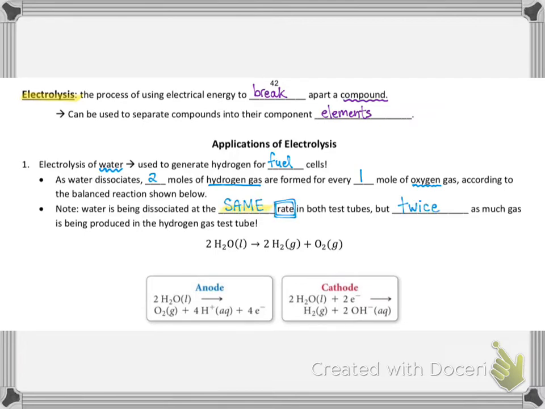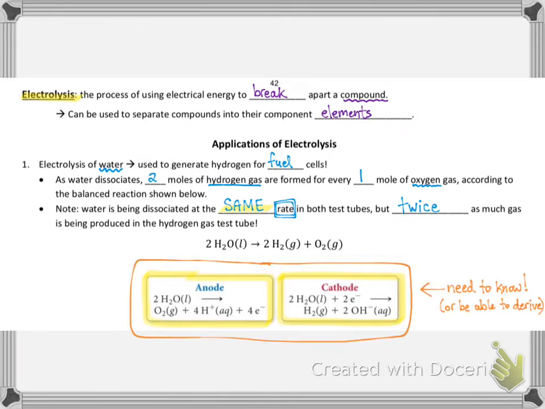Now, the electrolysis of water is so common that you either have to be able to derive or you have to memorize the half reactions for oxidation and reduction in this electrolysis of water.